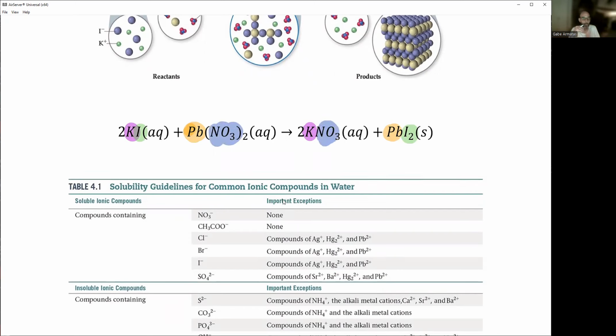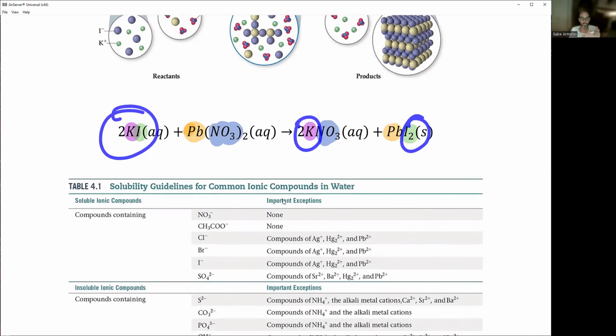So we're creating compounds out of all of these. Potassium and iodide, here's my potassium, here's my iodide. They've essentially split up. They all came to the party together. They left with a different partner. Okay, so that's kind of how these things happened.